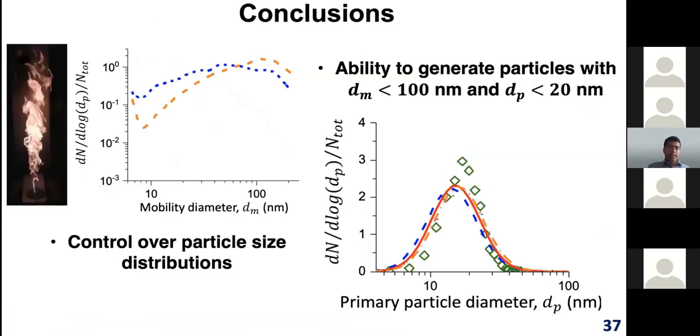So with that, I hope I could convince you that the flame spray pyrolysis, or FSP, reactor can be used as a tool to make soot particles, and it gives us great control over the mobility as well as primary particle diameter of these particles.